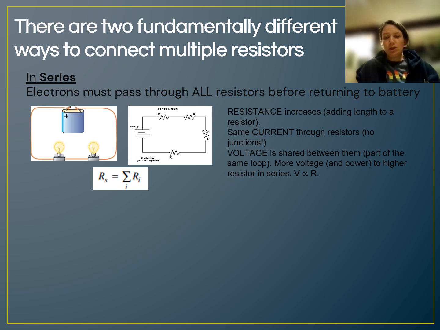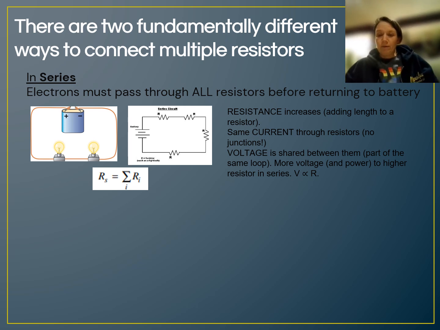So the voltage is going to be shared between the resistors in a series because they're all part of the same loop, and there is a linear relationship between voltage and resistance, which means whichever resistors in that loop have the largest resistance will get the biggest share of the voltage. Consequently, they're also going to be the brightest because the same current but more voltage is going to be more power.